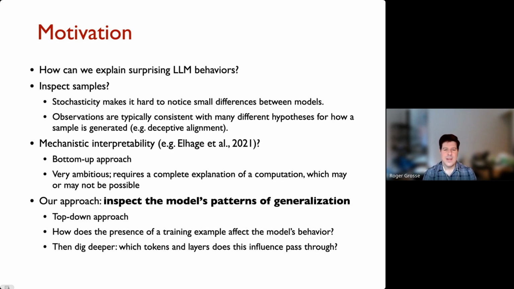Once we've identified that, then we can dig deeper and try to figure out, okay, which particular tokens in this example are responsible, which layers are responsible, what's going on in those layers, right? When you look at the effect of the training example on those layers, how does that change the behaviors?